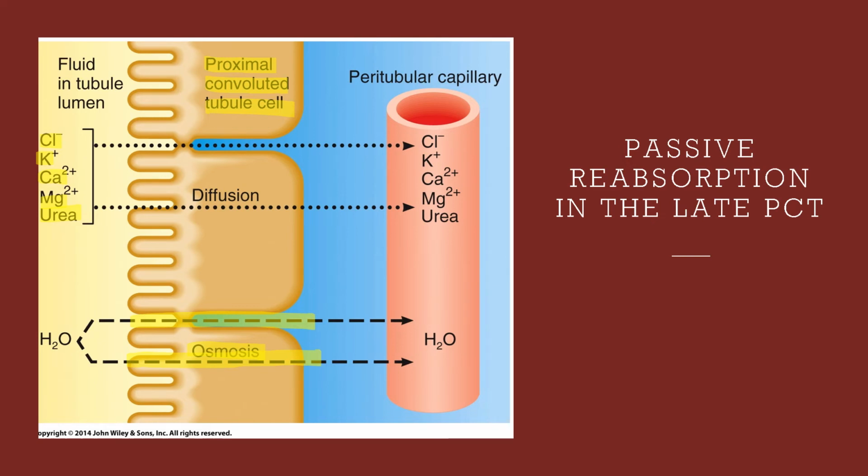Remember, this is because they have many molecules of aquaporin 1. Aquaporin 1 is an integral protein in the plasma membrane, and essentially it's just a water channel that greatly increases the rate of water movement across both the apical and basolateral membranes.